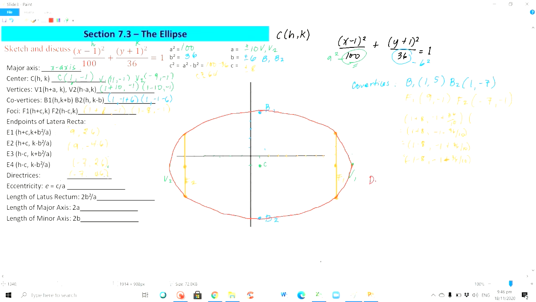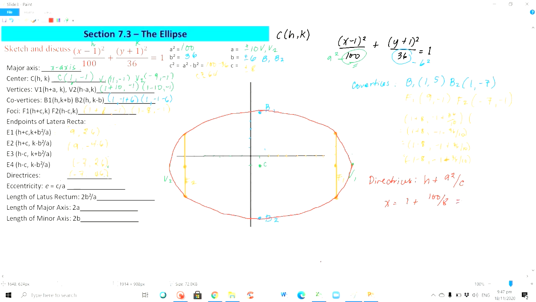Okay, for the directrices, so h plus a squared over c. So, ano ba yung h natin? For the first directrix, positive muna. So, that's 1 plus 100 over 8.